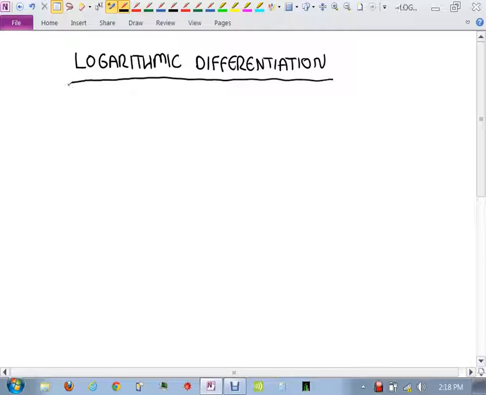Like, what the heck is this going to be? Let's start with this classic example right here. I'm still in 3.3. Logarithmic differentiation. Here's the problem. Find y prime.